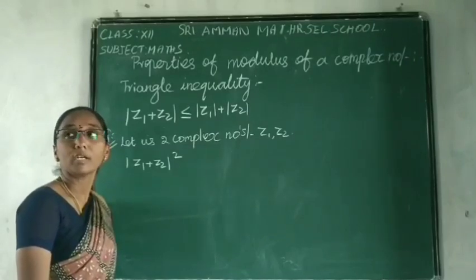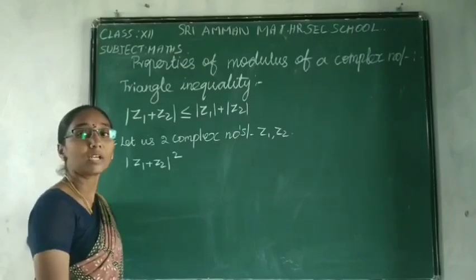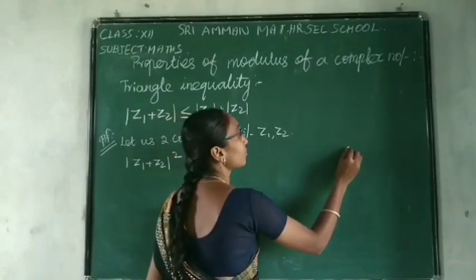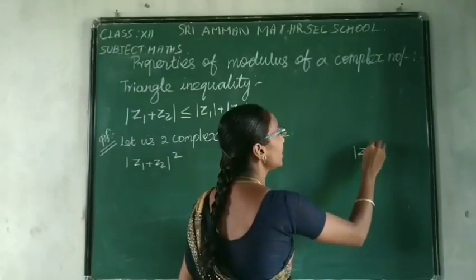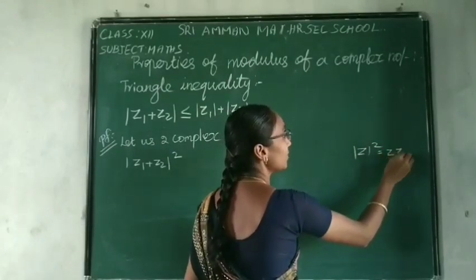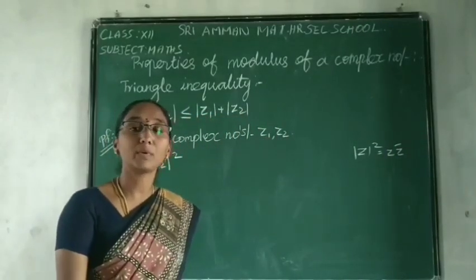You know modulus of z square equals z times z bar.